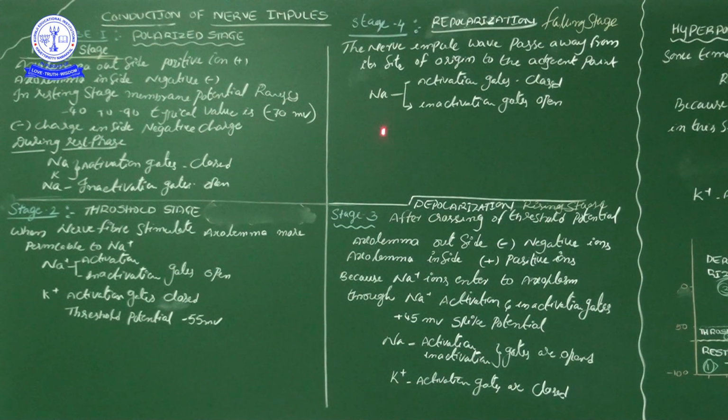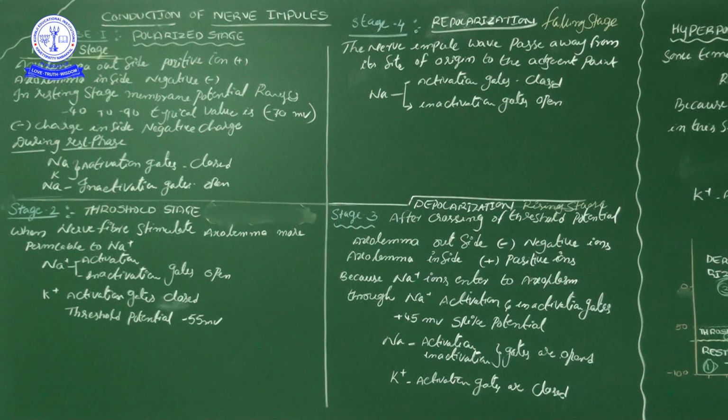Okay, at this time the sodium activation gates are closed, but the inactivation gates are open. At this time the potassium gates are open. So potassium ions start to move, and sodium ions also start to move. But potassium ions move easily because there is only one activation gate, whereas here there are two gates, activation and inactivation. The activation gates are closed and the inactivation gates are open.